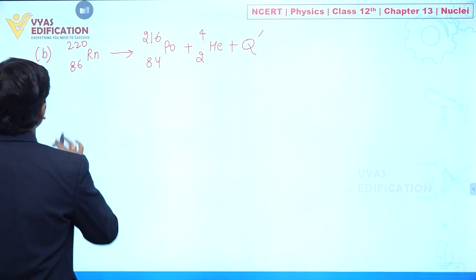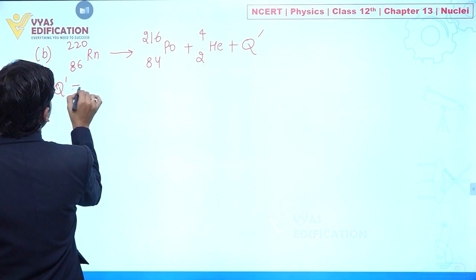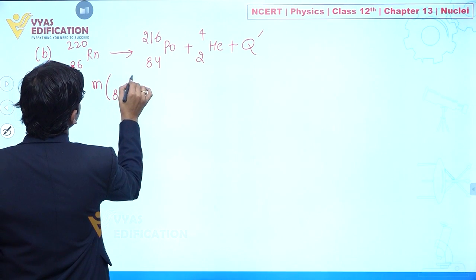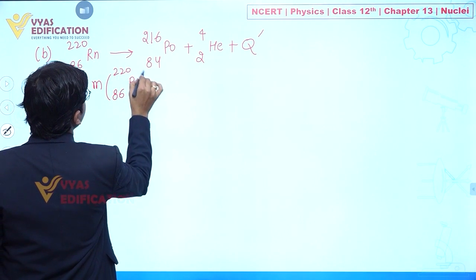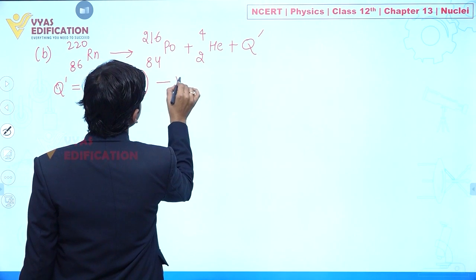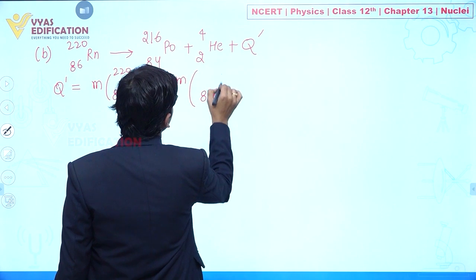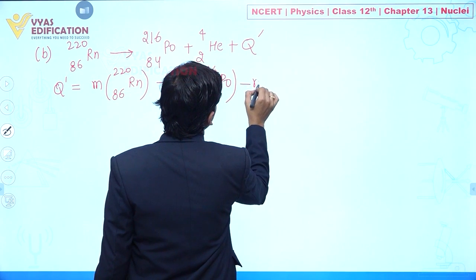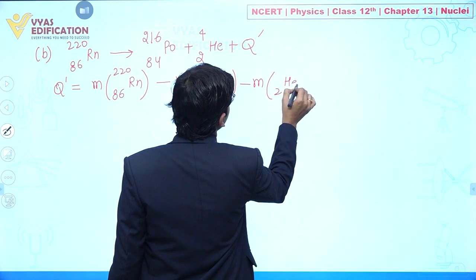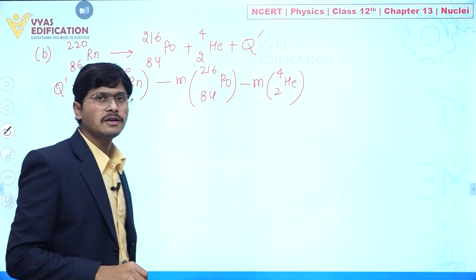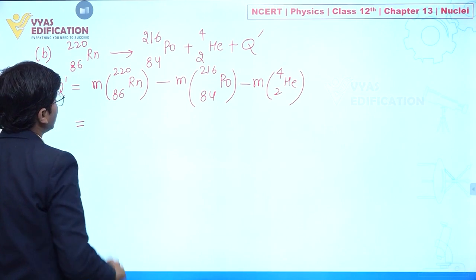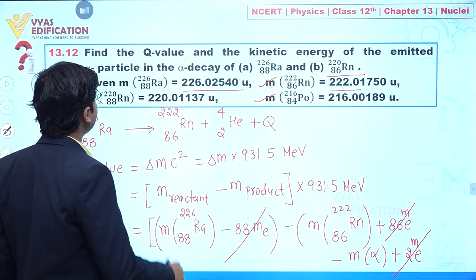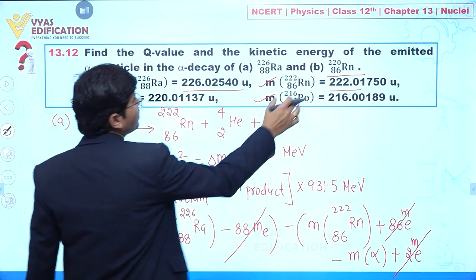So directly I can write: this Q dash is given by M for 86 radon 220, minus the mass of 84 polonium 216, minus the mass of 2He 4. So for that, the mass of 86 radon, where is this one? This one, clear.